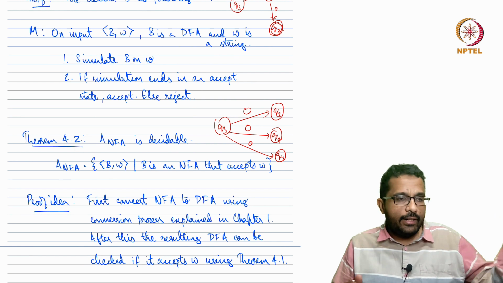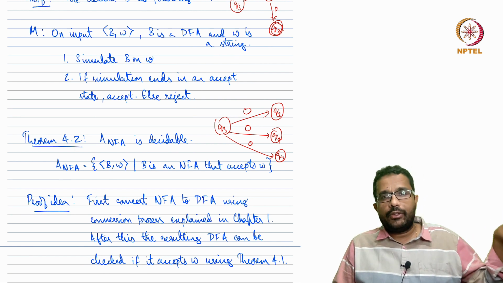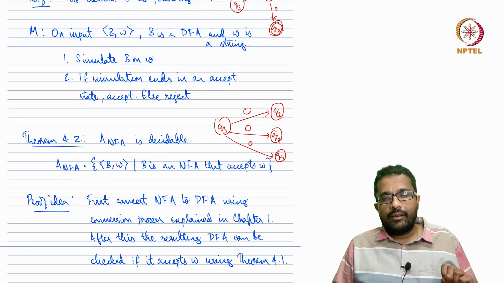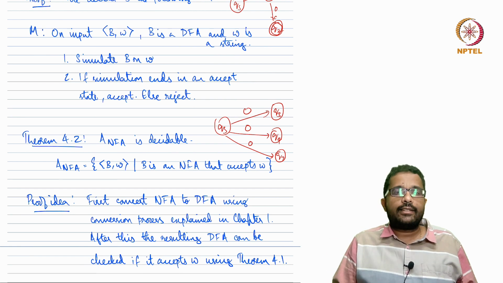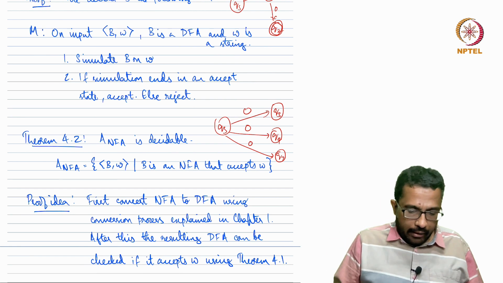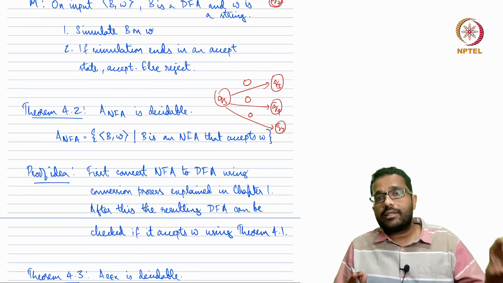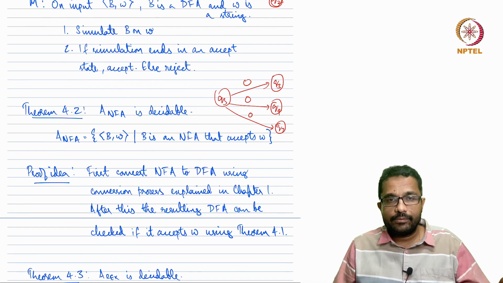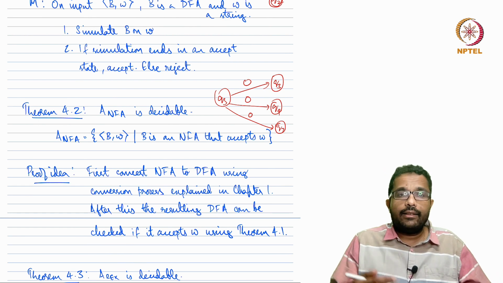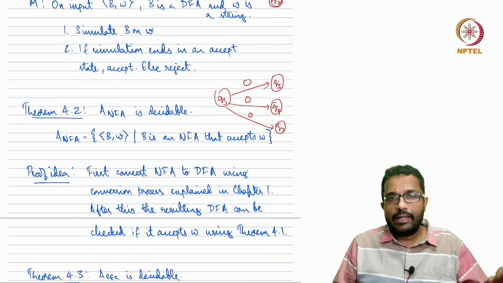So basically, for every subset of states of the NFA, you had a state in the DFA, right? And then you made transitions accordingly. Again, I don't want to revisit the entire conversion process, but we saw such a result in the first chapter. So we can appeal to that result now, we can take the help of that result.